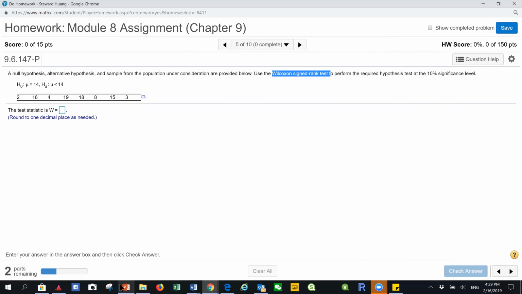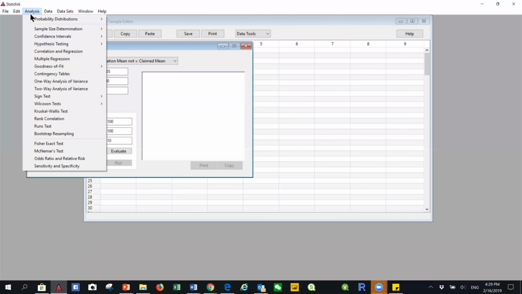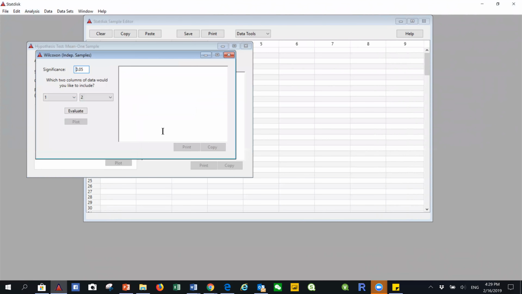So for the Wilcoxon signed rank test, you can use this one, and it will give you a signed rank test.